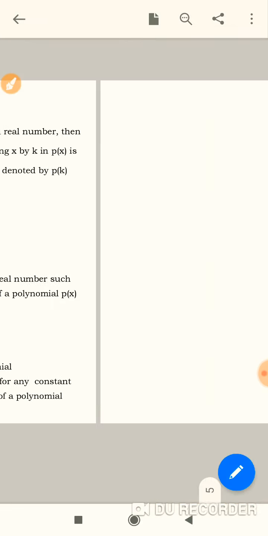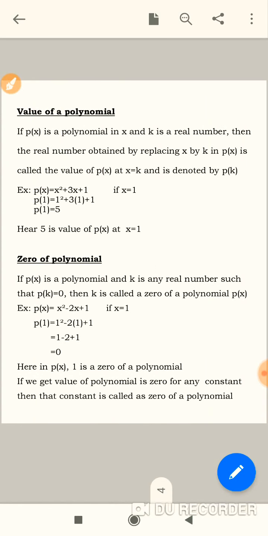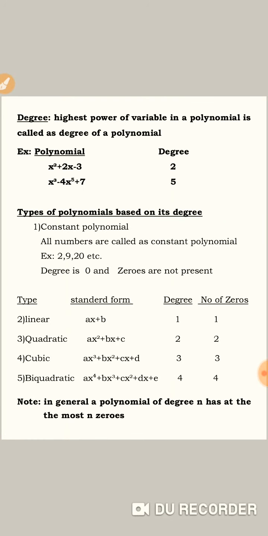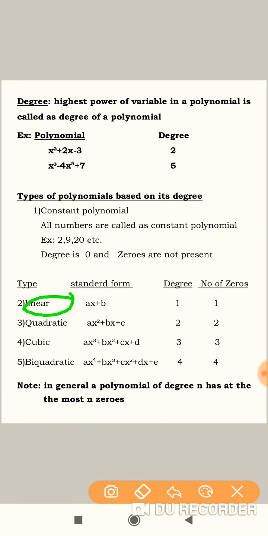The next thing we need to learn is the geometrical meaning of zeros of a polynomial. Earlier we have seen different kinds of polynomials: linear, quadratic, cubic and biquadratic.